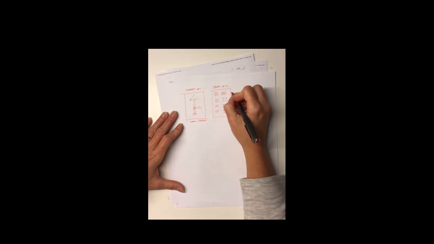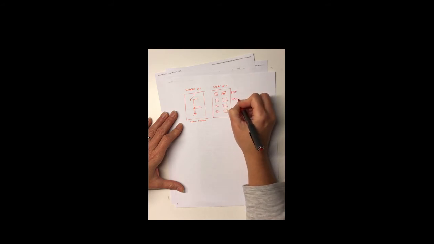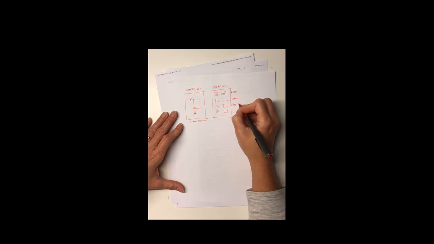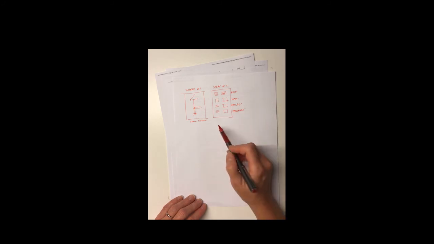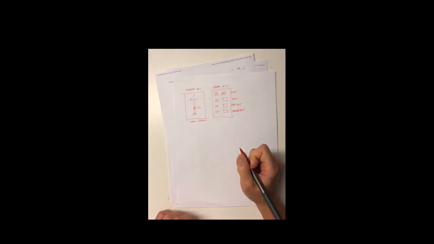And that would be for the roof, the wall, the rim joist, and the basement. Those are the critical areas when we are determining that thermal envelope. So that's our second sheet that you're going to be required to do.